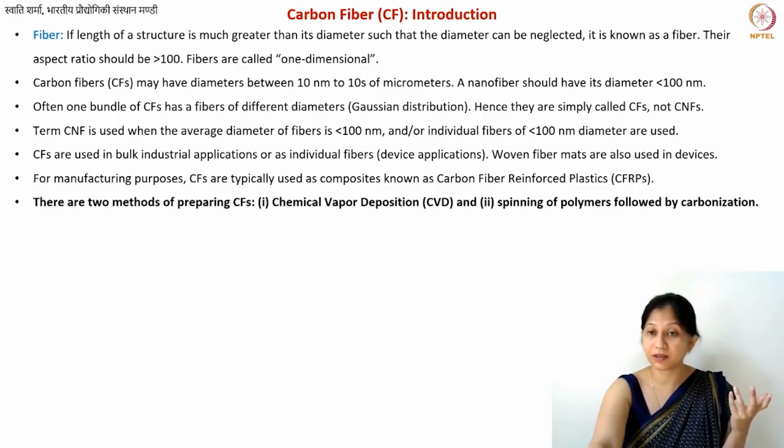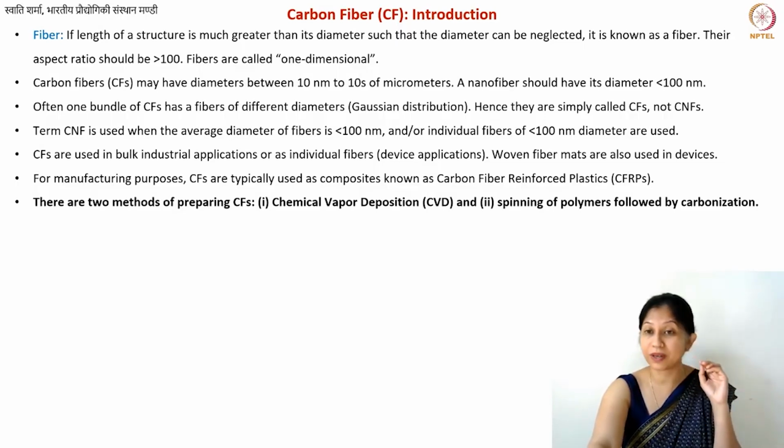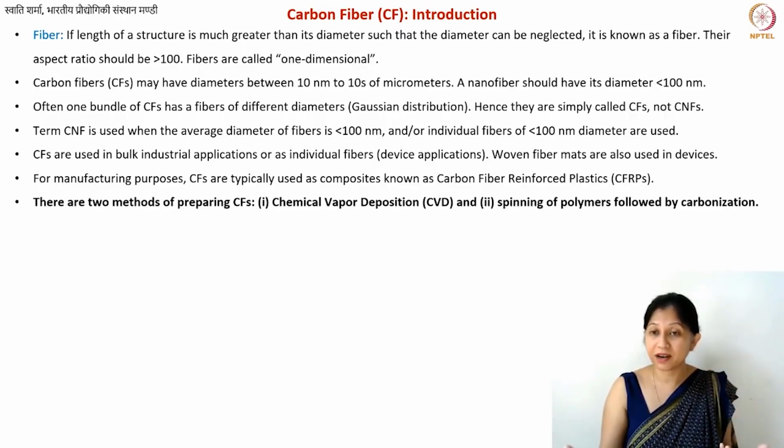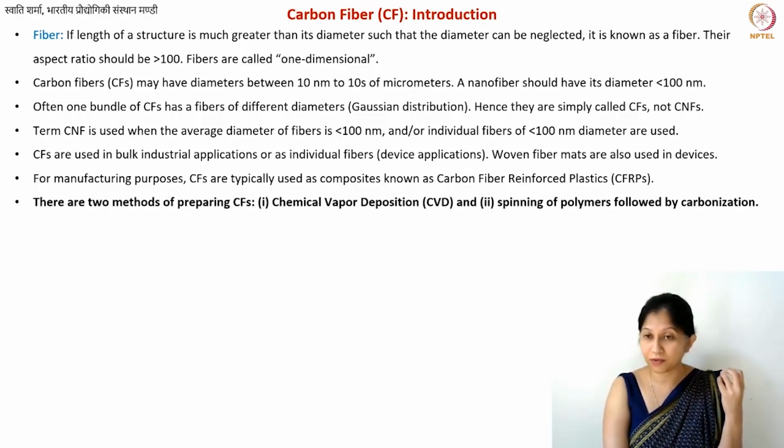Do you want good stiffness in your fibers, or is what is more important for you the surface area or the flexibility? What is important for you? Depending upon that, you can tune the manufacturing parameters. You can tune the heat treatment temperature and the heat treatment environment. And of course, you can also tune the diameters of your fibers by changing the viscosity of your polymer. These are the things we are going to discuss.